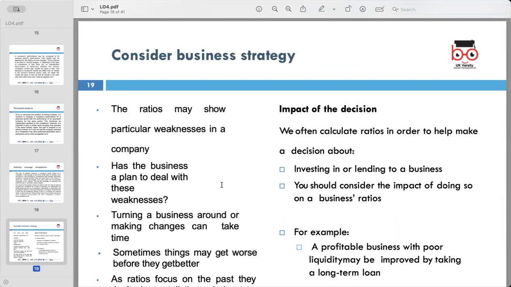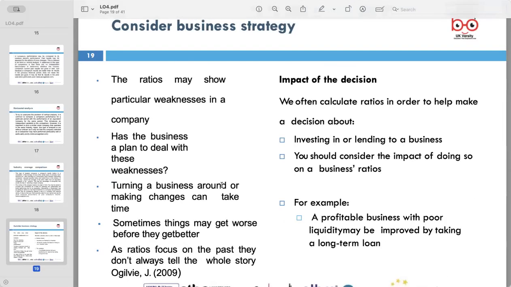Consider business strategy. When interpreting financial ratios, it is also important to consider the broader business strategy and whether the company has plans to address any identified weaknesses. Ratios may highlight areas needing improvement, such as liquidity or profitability, prompting strategic adjustments.